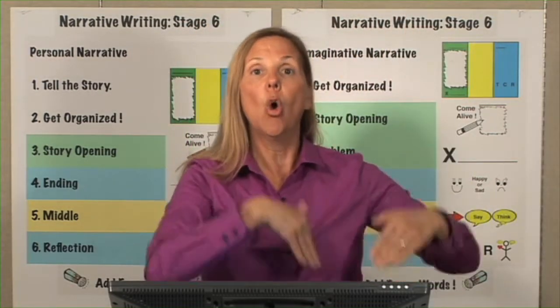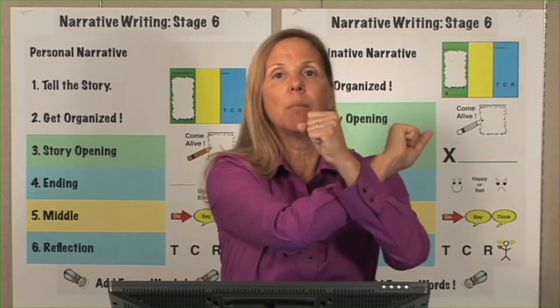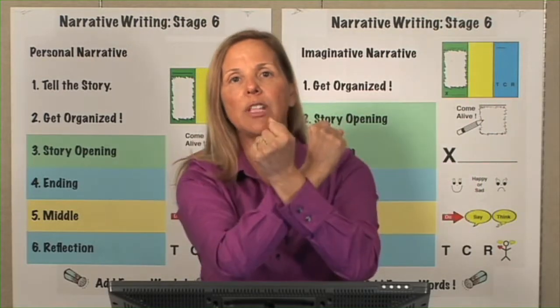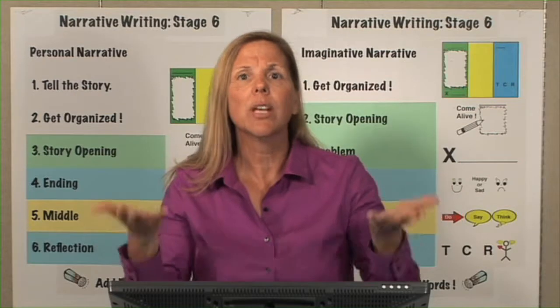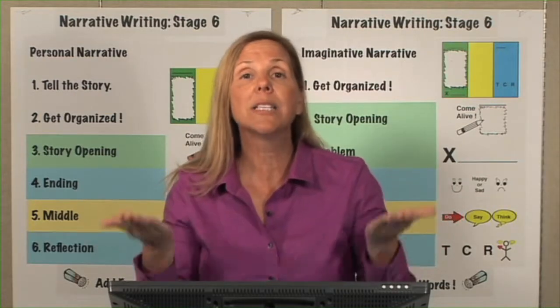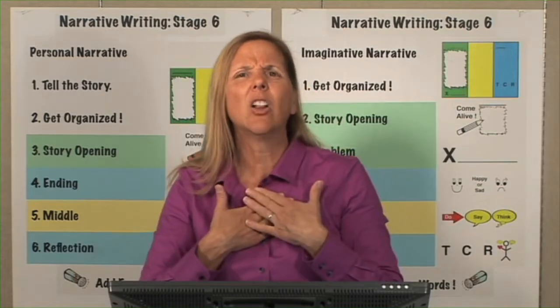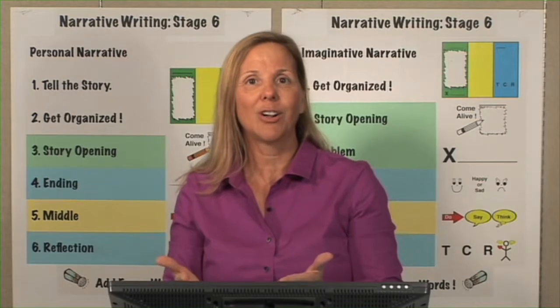In the end, what happened? How did the character solve the problem? Was the character successful or unsuccessful at solving the problem? Then the last thing we're going to say is, who cares? Theme. What was the message of the story? What did the character learn, feel, wish after this experience happened to him or her?